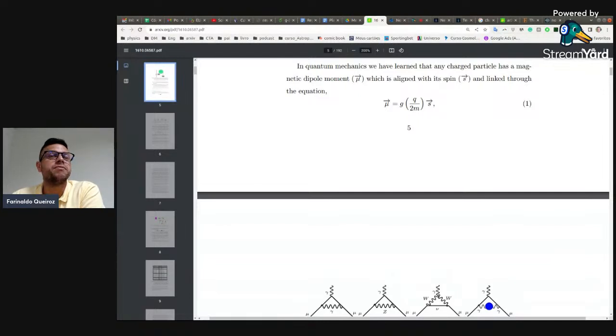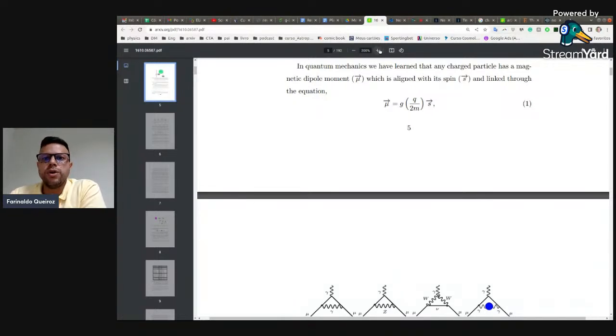If a is different from 0, then there is an anomalous magnetic moment. If a is larger than 0, there is a positive contribution to the magnetic moment. If a is negative, there is a negative contribution to the magnetic moment.